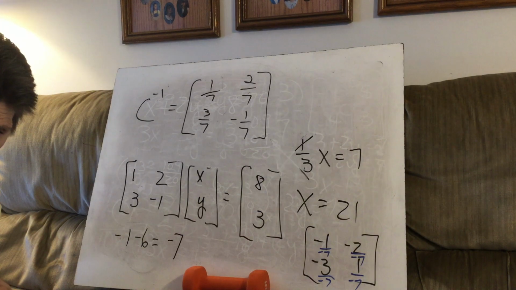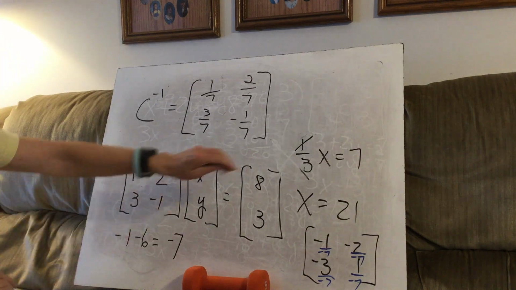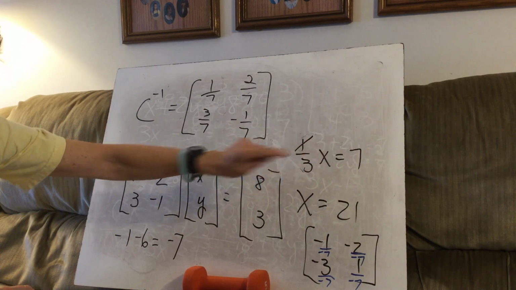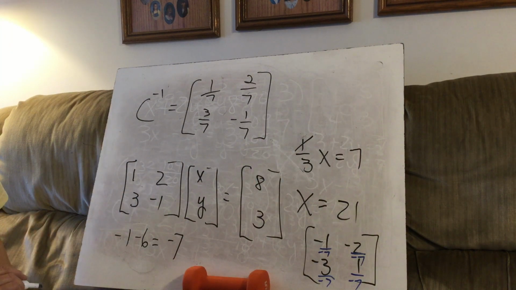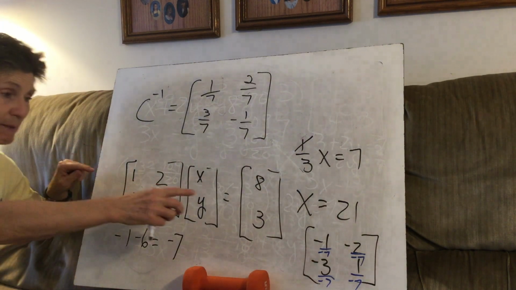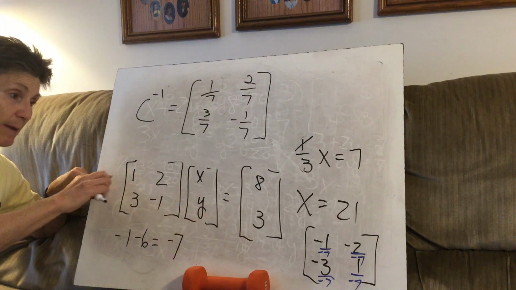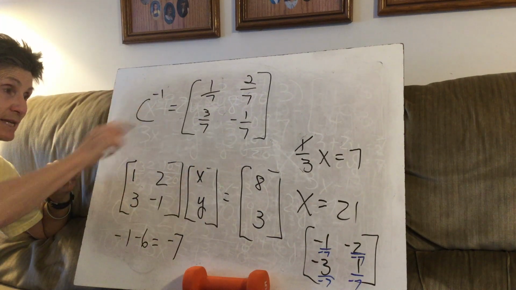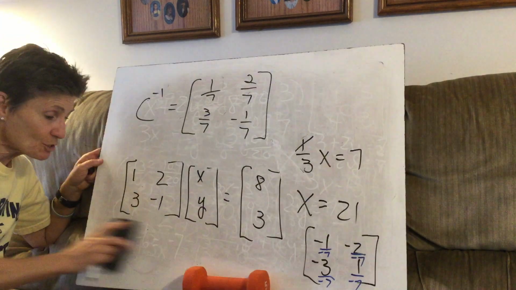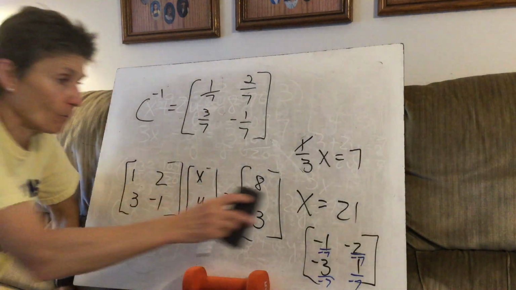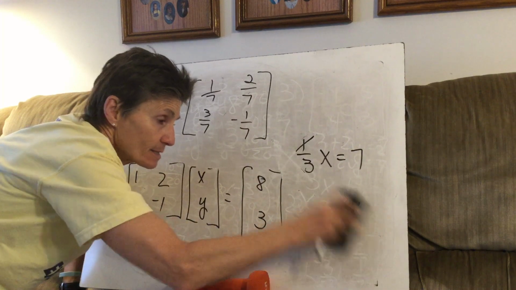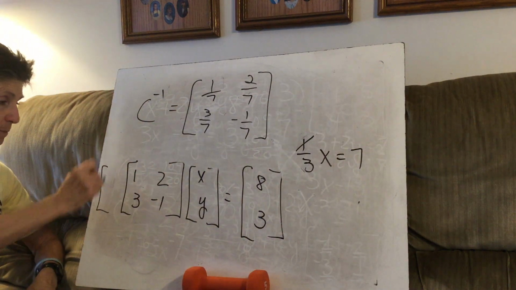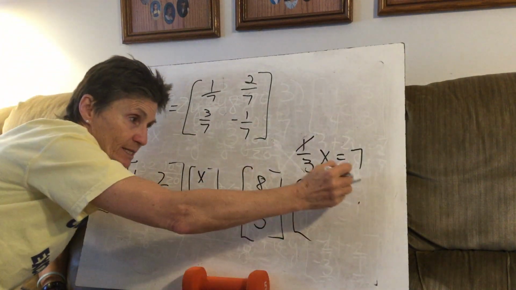Everybody still with me? Now remember, in our simple basic little equation, we multiplied both sides of the equation by the inverse. So I'm going to go back to my matrix equation, and I'm going to multiply both sides of the equation by the inverse. Now, when I do that, I have to be careful because normally, the way I have it written, I would put my inverse here and put my inverse here.